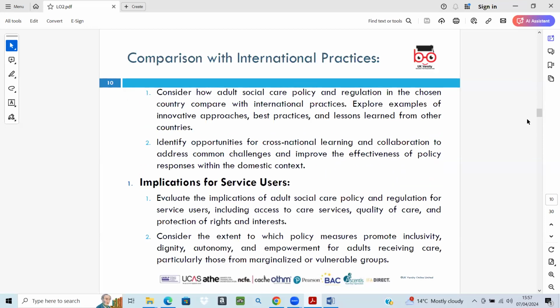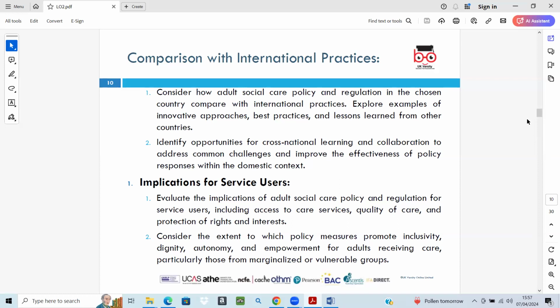Now we have the comparison with international practices. Like we are in the United Kingdom, so we need to do the comparison with international practices as well.